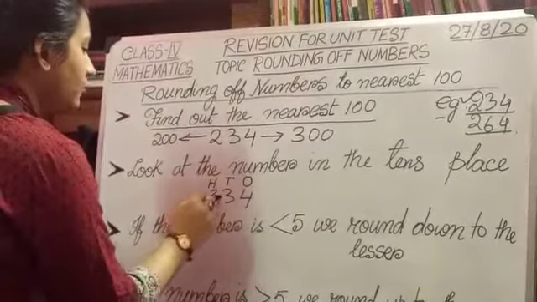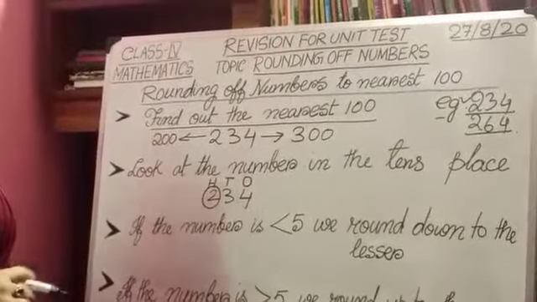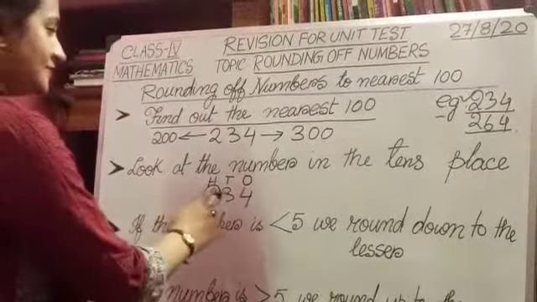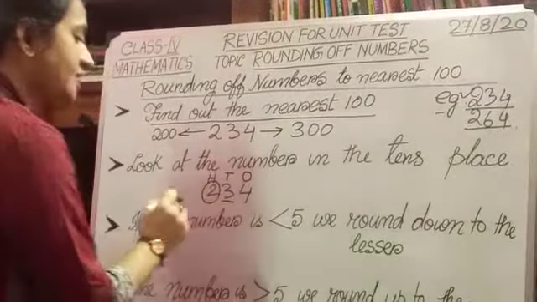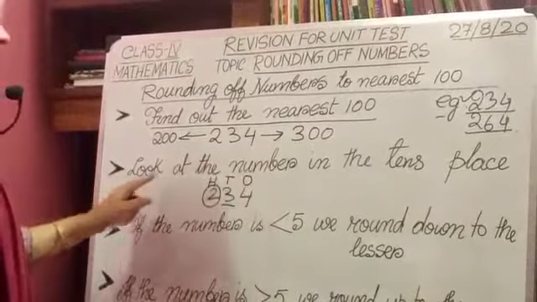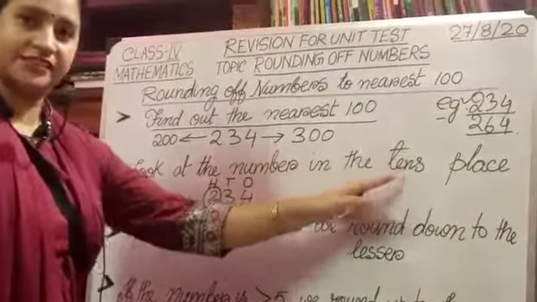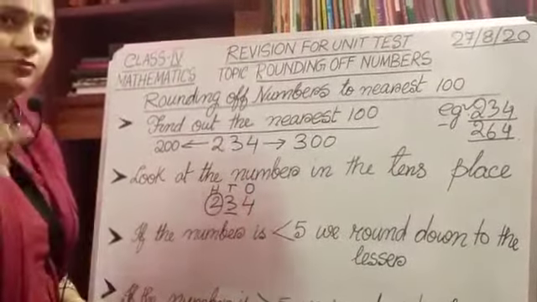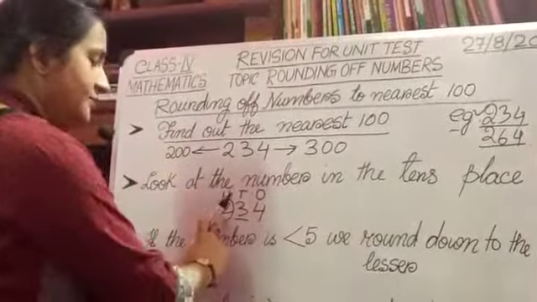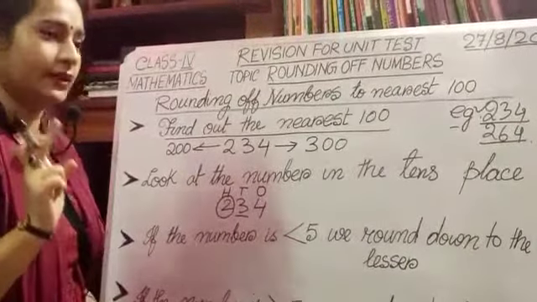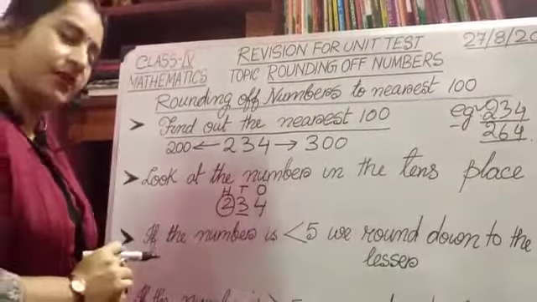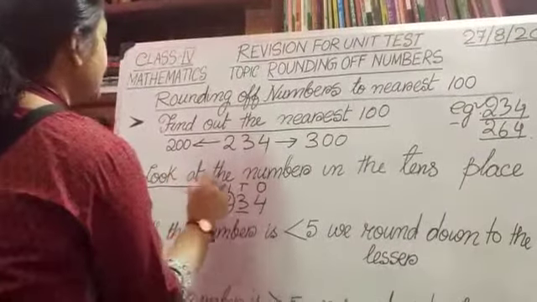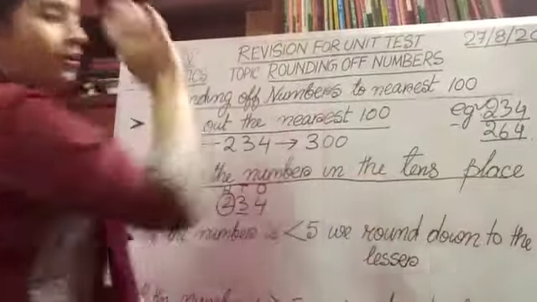You have to round off this number to the nearest 100, so we have to see the number sitting just to the right of the hundreds digit. Look at the number in the tens place. Since you have to round off the numbers to 100, you have to look at the number sitting under the tens column. So our second step is over.